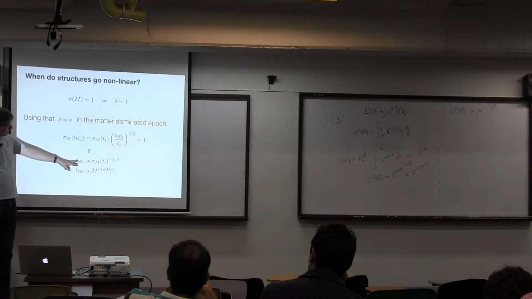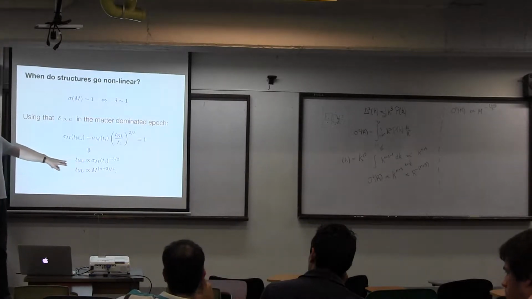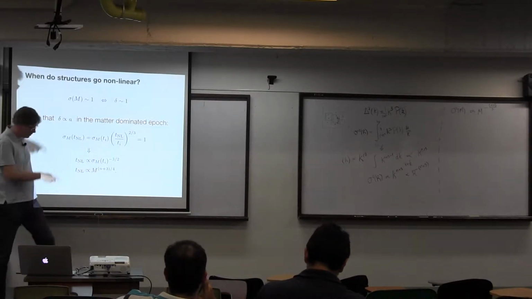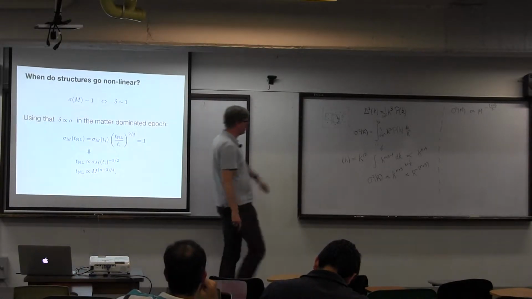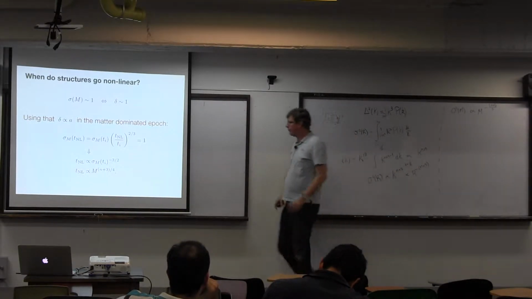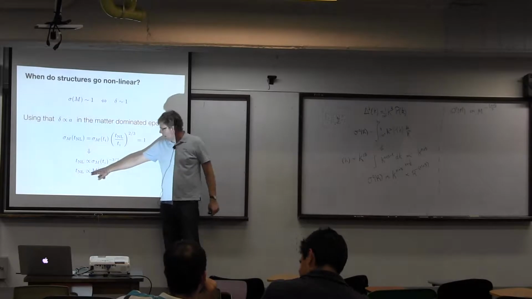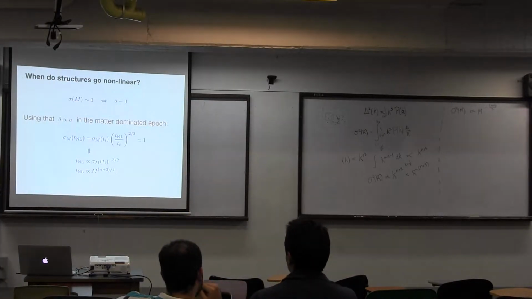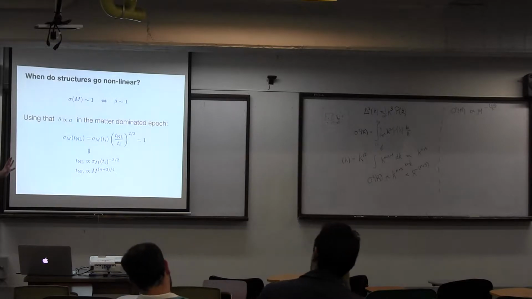And that gives you an estimate of the time of nonlinearity, and you know this relationship for sigma of m, which is this one I had written down here with a typo. You can plug that in, and now this becomes more interesting, it tells you when an object of a given mass goes nonlinear.